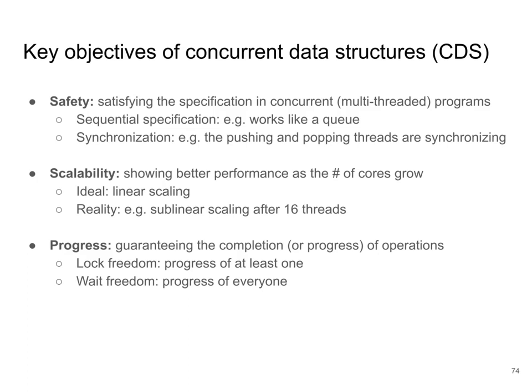For safety, a CDS needs to satisfy some specification, and one is what is called a sequential specification. It means that if you have a concurrent queue, it should work as if it is a sequential queue.